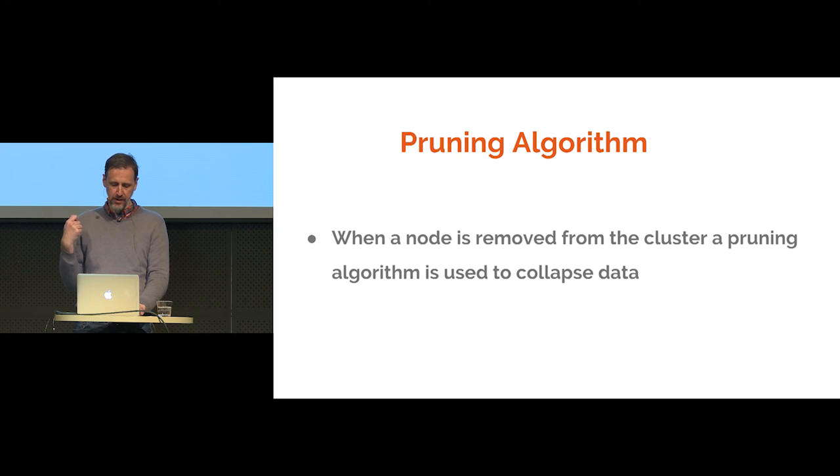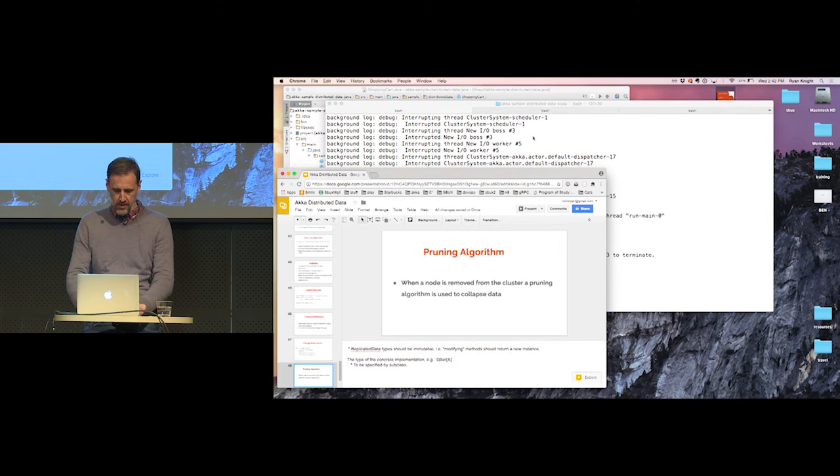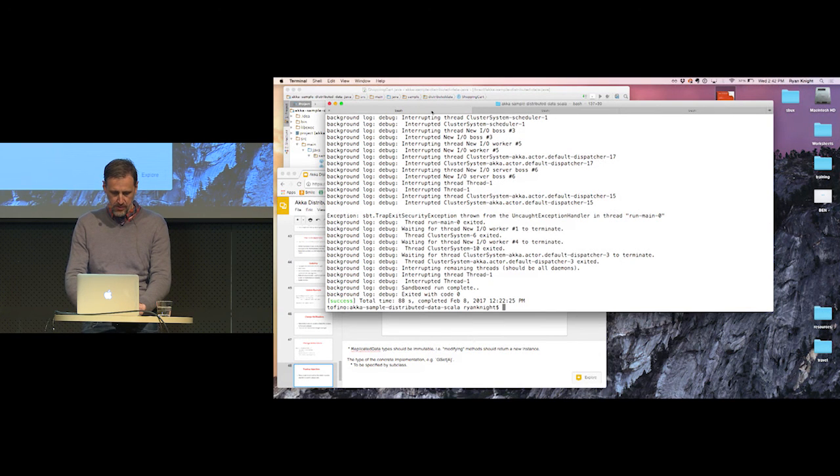There's a whole pruning algorithm I won't go into, but it uses vector clocks to keep track of when a node gets removed from the distributed data cluster, to figure out which portions of the data to remove.